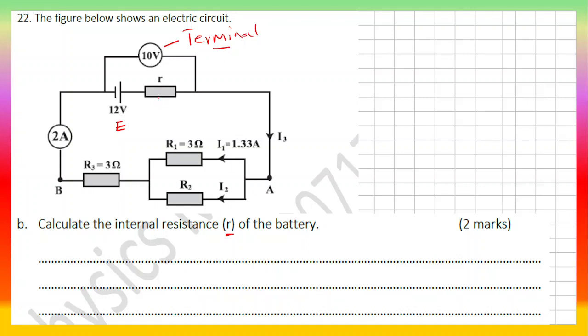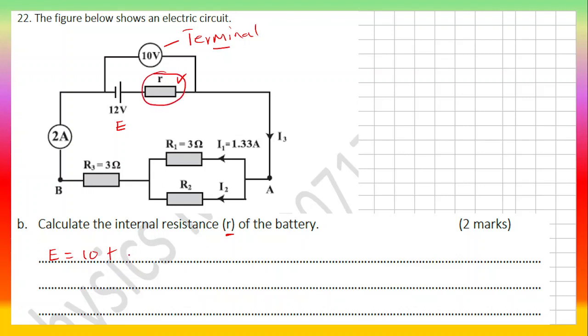And then here we have the internal resistance. So how are they related? E should be equal to the terminal potential difference, that is 10, plus the voltage being lost due to internal resistance.